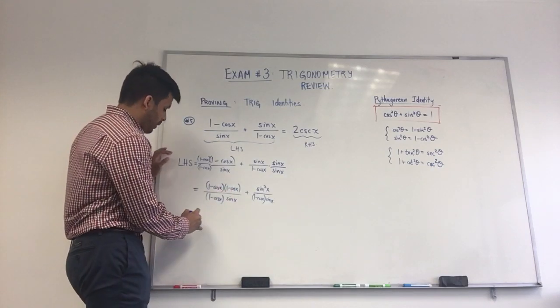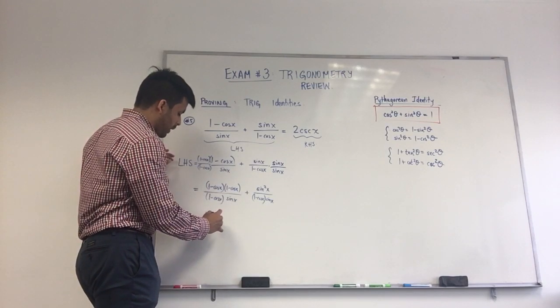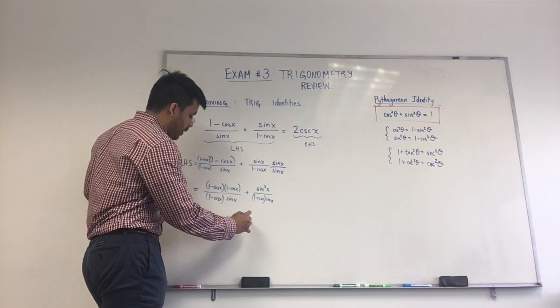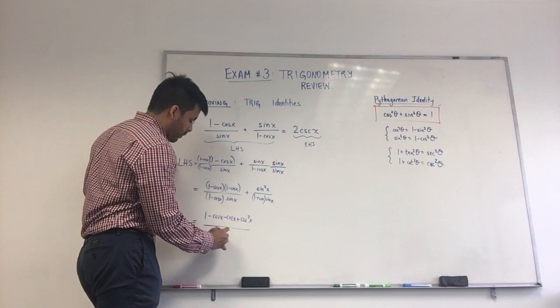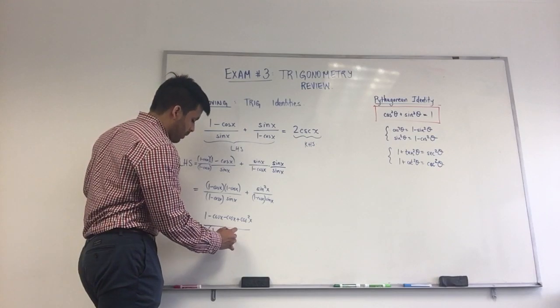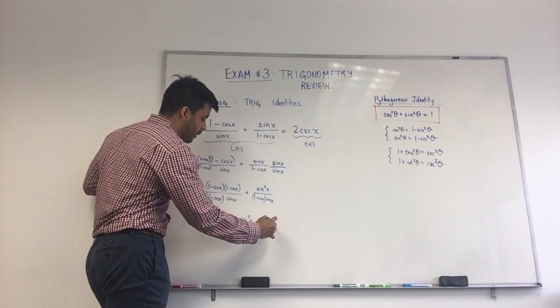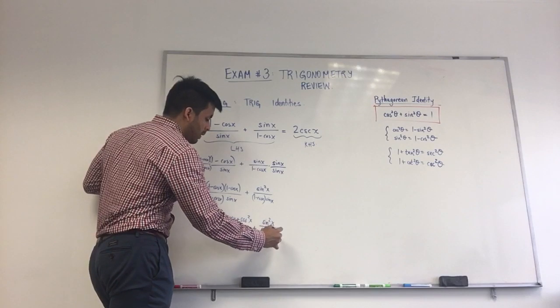So I'm going to FOIL here. And when I FOIL, I get 1 times 1 is 1, and I get minus cosine x, plus cosine squared x. And I have here sine squared x over 1 minus cosine x sine x.